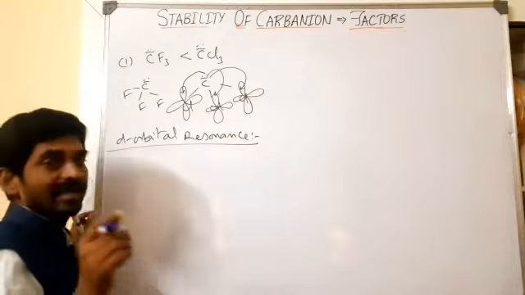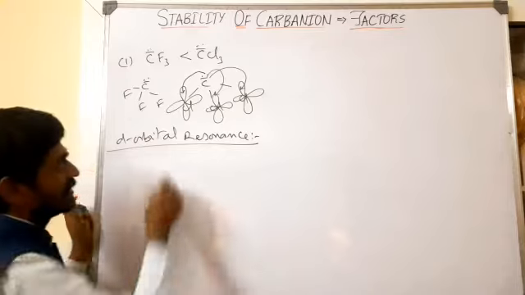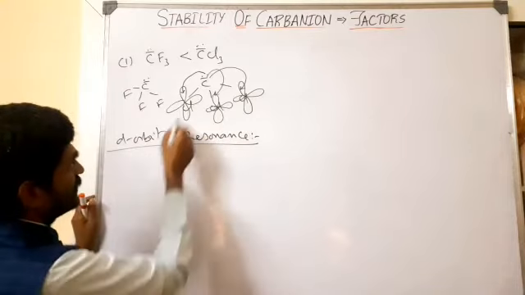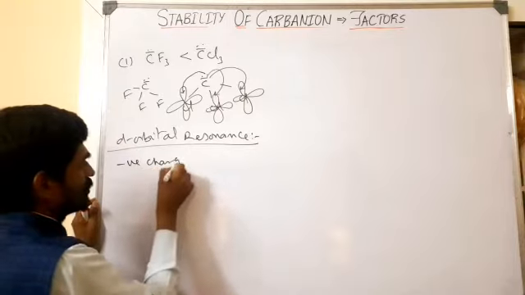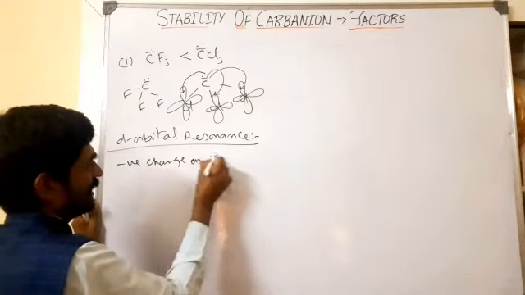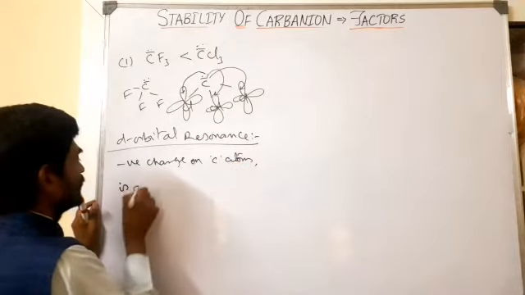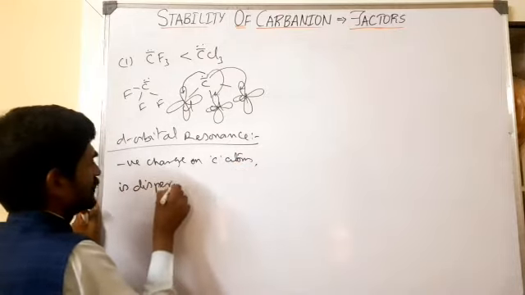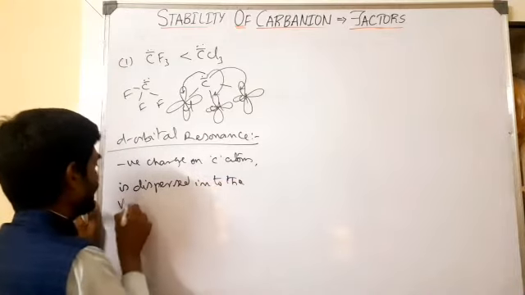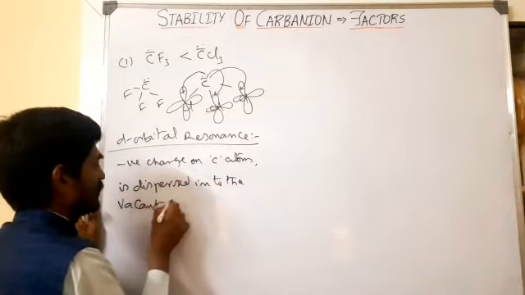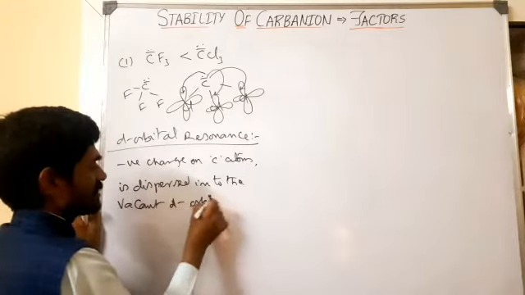I am giving you a simple reading to easily understand the concept, in simple sentences. You just follow that. Here the negative charge on the carbon atom, that is on the carbanion, is dispersed into the vacant d atomic orbitals, right?